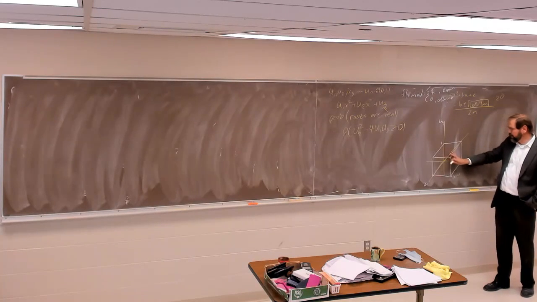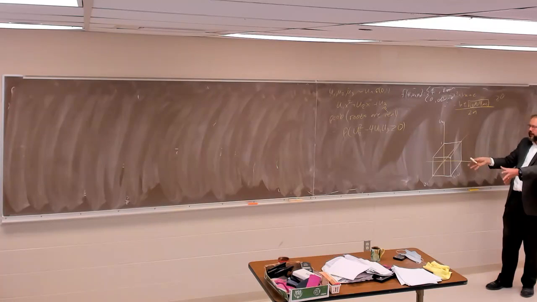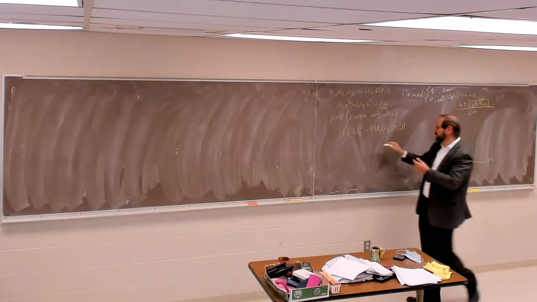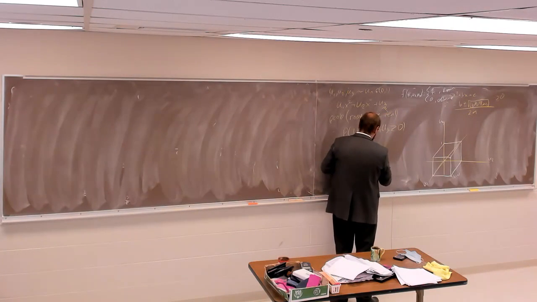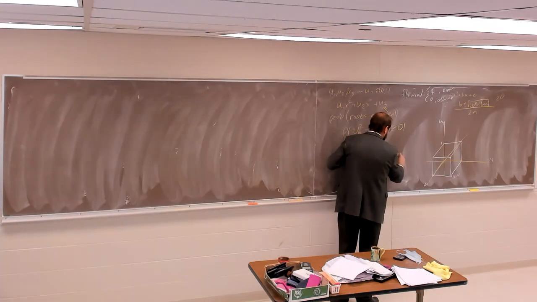There's a certain part of this cube, looks like maybe a paraboloid, sitting inside of it. Our probability will be the volume of the region divided by the volume of the total.